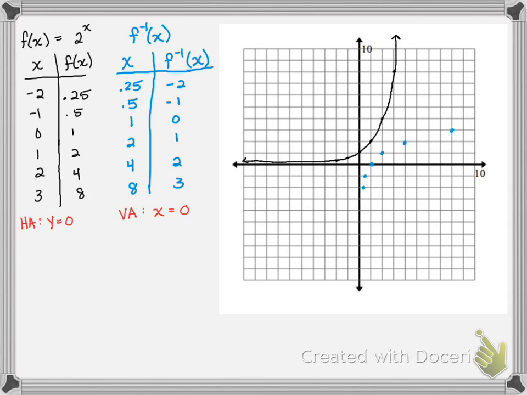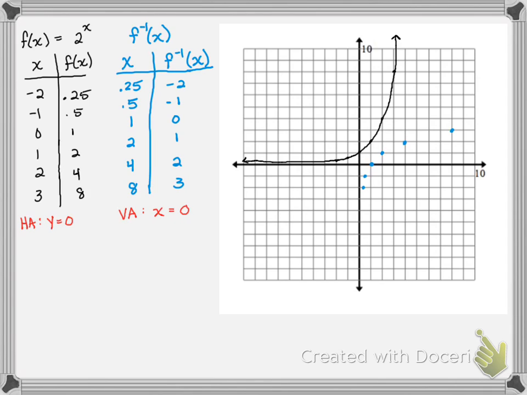Because remember that the x values of the inverse are the y values of the function. And if my y values never go below 0 for f, then that means my x values are never going to go below 0 for f inverse, because we're just swapping those x's and y's.